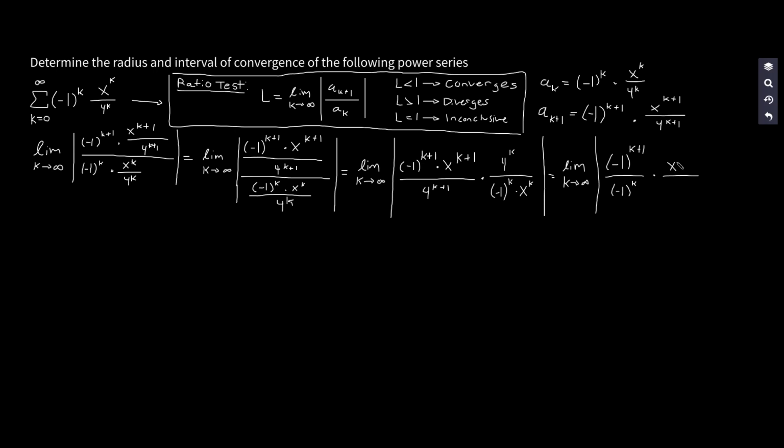So we'll have x raised to the power of k plus 1 over x raised to the power of k, times 4 raised to the power of k. Sorry, 4 raised to the power of k plus 1.